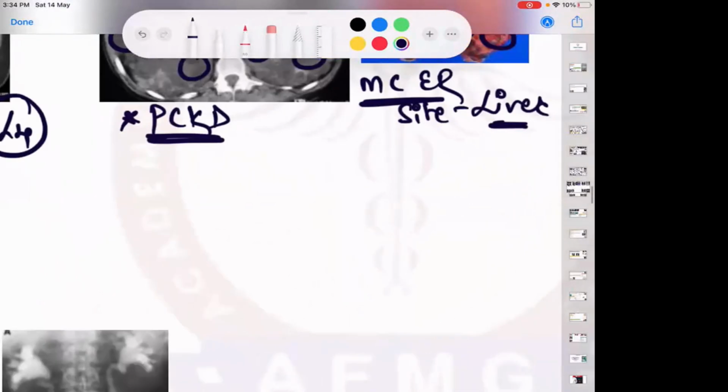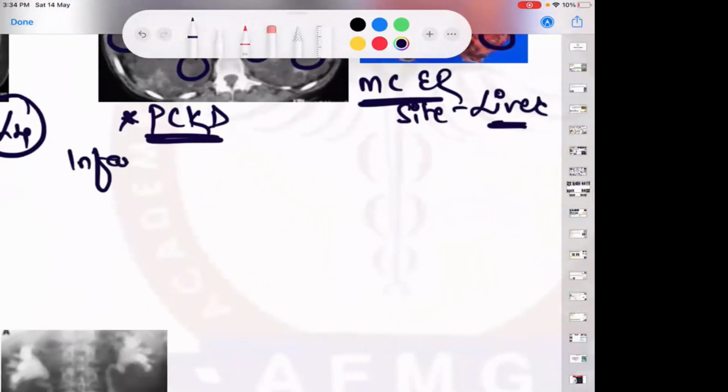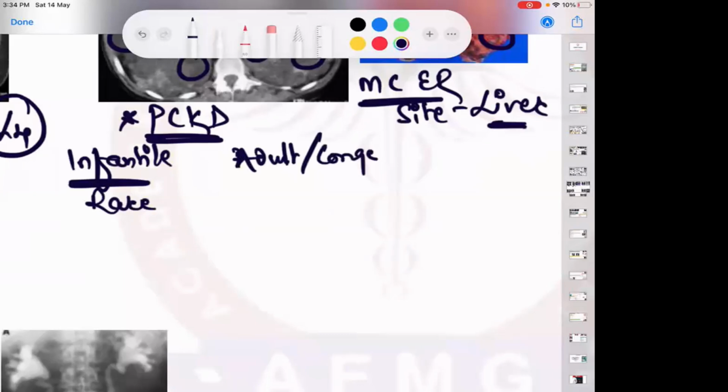Now PCKD, as we know, can be of two types. Either it is an infantile PCKD, which is usually rare, or the other one is a dominant PCKD, or adult PCKD.